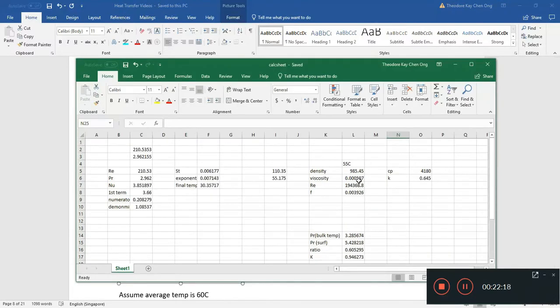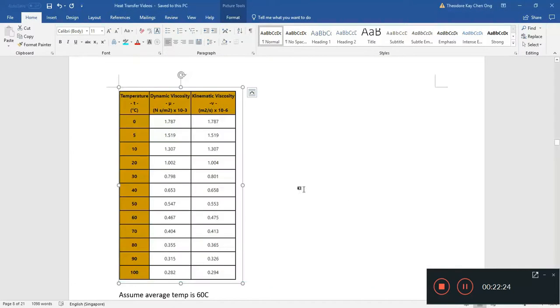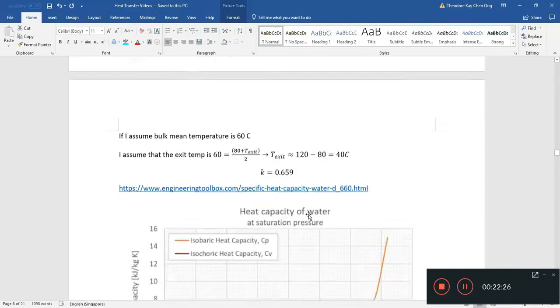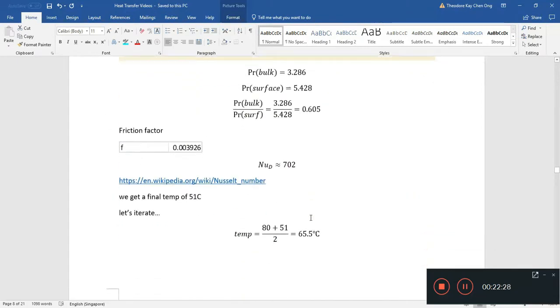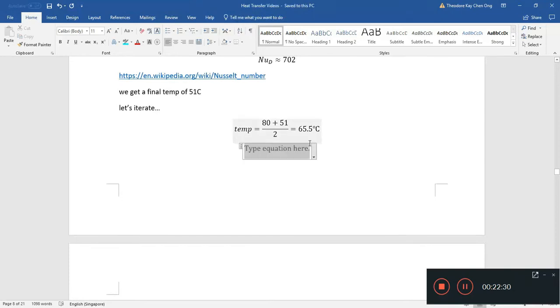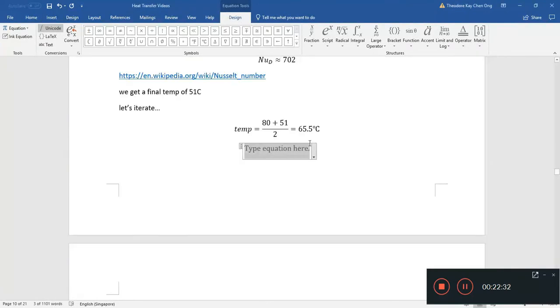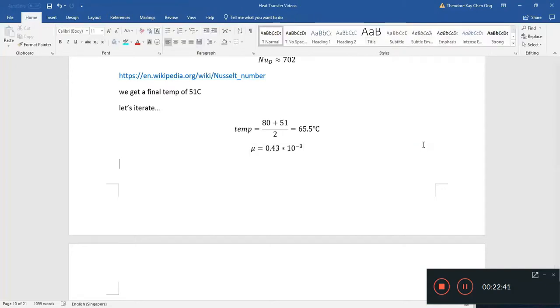So 0.43 e minus 3. Okay. And what is that? 0.43 times 10 to the minus 3, in SI units.